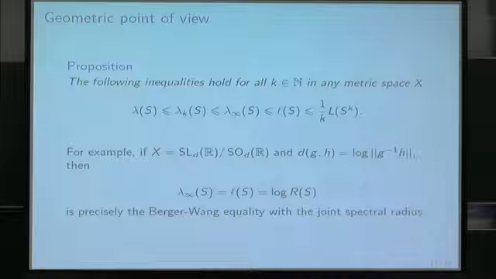For this particular choice of norm, the log of the joint spectral radius of Rota and Strang is equal to this joint minimal displacement. And then the Berger-Wang equality, which you remember from the previous slide, is exactly saying that you have equality between lambda infinity and L of S.